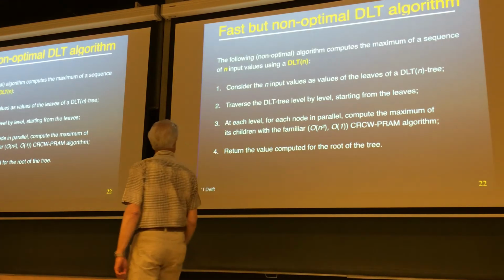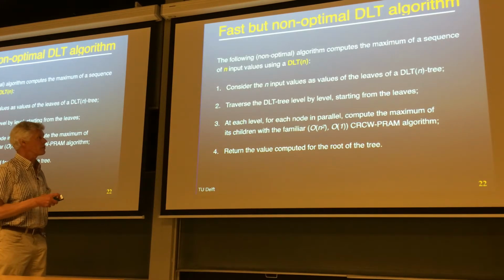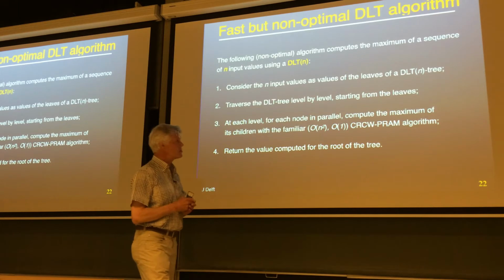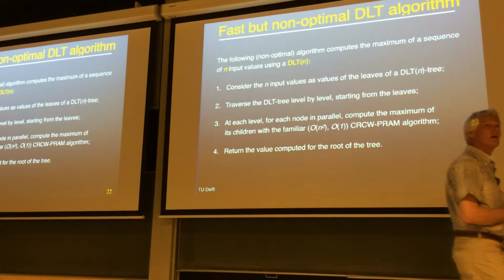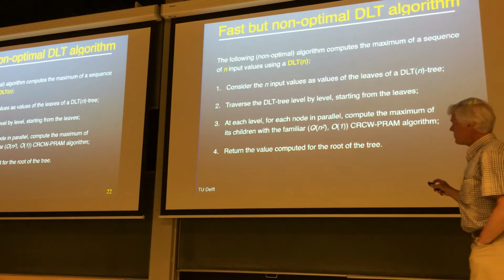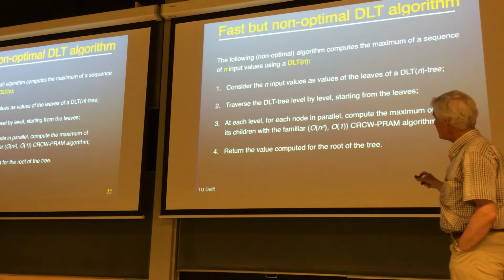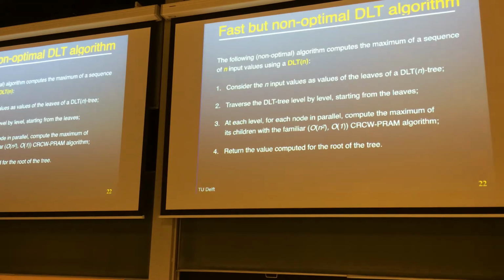And then you traverse the DLT tree level by level, starting from the leaves. And at each level, for each node in parallel, you use this CRCW algorithm that we know. Yeah? And that gives you, on the children, the maximum in O(1) amount of time using O(n square) amount of work.